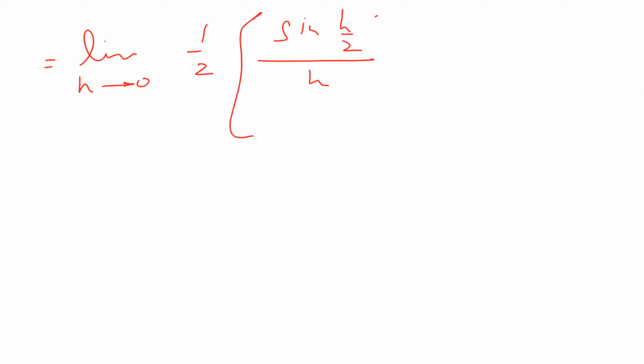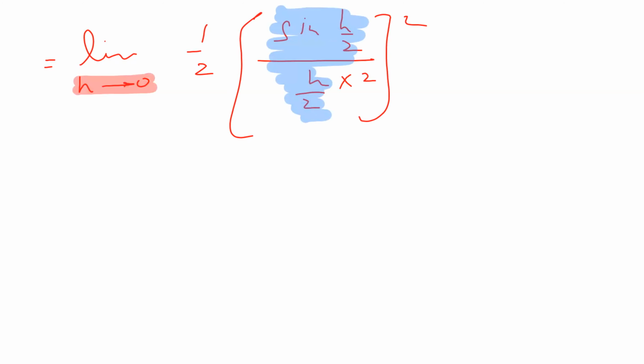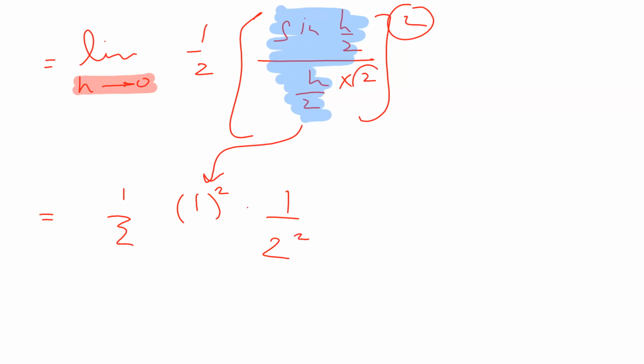We are just having h as of now, so h by 2 into 2, so divide and multiply by 2 in the denominator. Sine h by 2 upon h by 2 is 1, since h is approaching 0. So this will be 1 square, and down it will be 2 square, so the answer will be 1 upon 8, right?